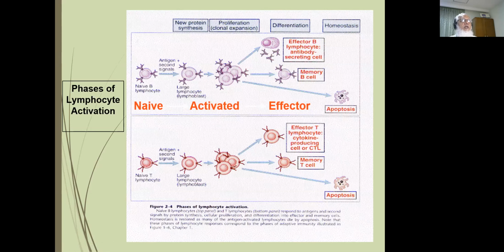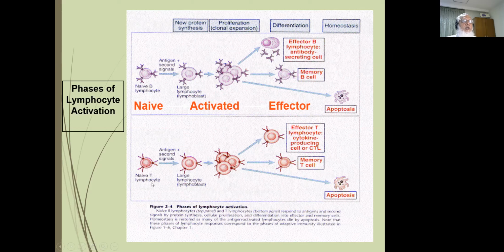Phases of lymphocyte activation: you see the naive T or B lymphocyte has not come in contact with the antigen. When it comes in contact with the antigen, it is activated and becomes an effector cell, and these effector cells become antibody secreting cells, and after the fight, they become memory cells. If the effector cells do not become memory cells, they will undergo apoptosis.